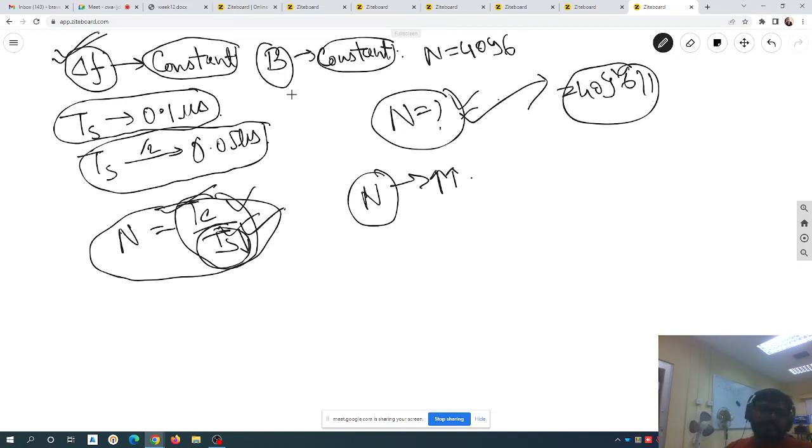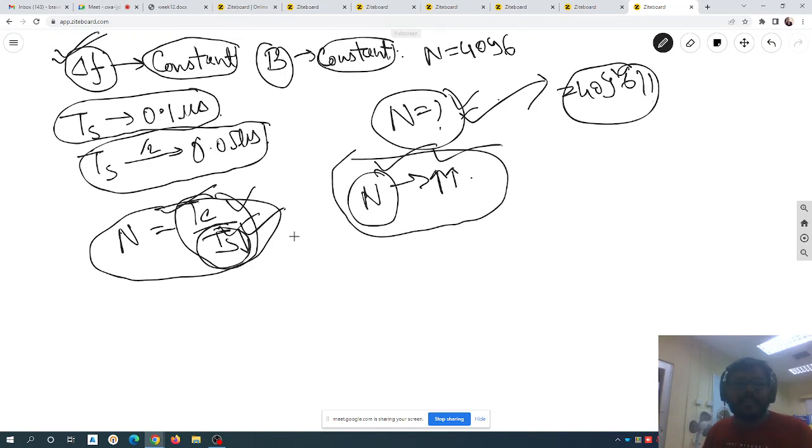And in this scenario it increases, that is right, if you can think like that. So actually what happens, your symbol duration becomes 0.05 microsecond from 0.1 microsecond. So now as Ts decreases, your n should increase by a factor of 2.